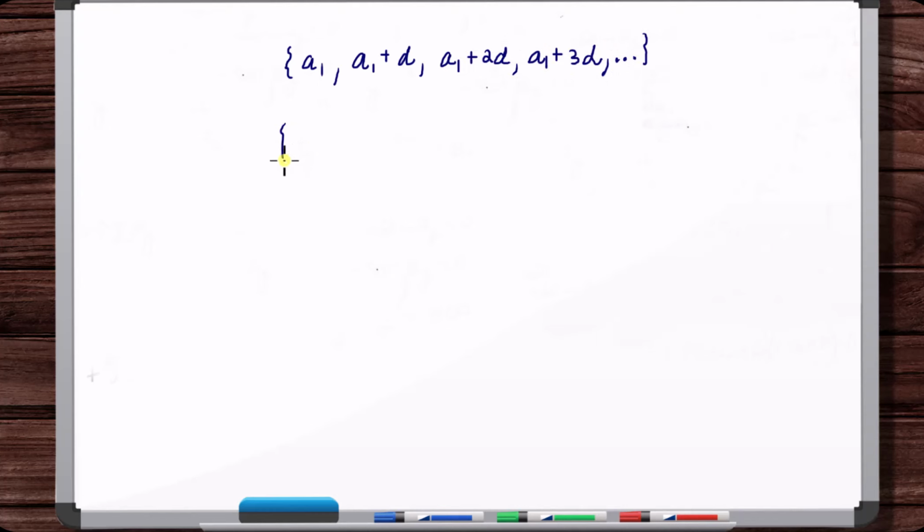Right, so let's say we're starting at 2 and our common difference is 3. Then we would say, okay, 2 plus 3 is 5. 5 plus 3 is 8. 8 plus 3 is 11, etc. That's it. Very simple.